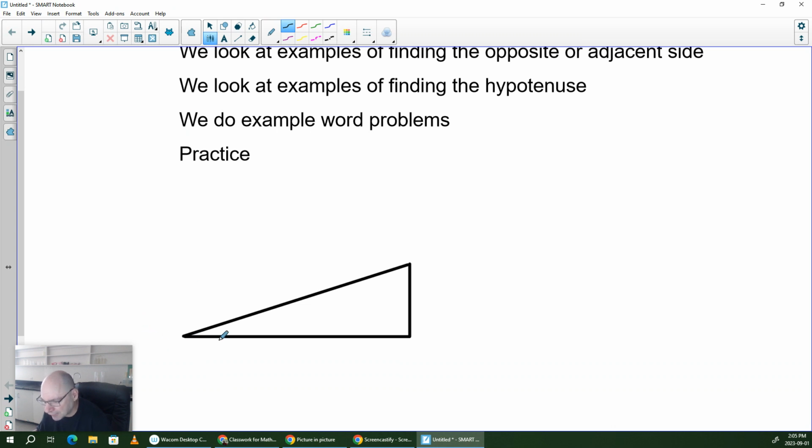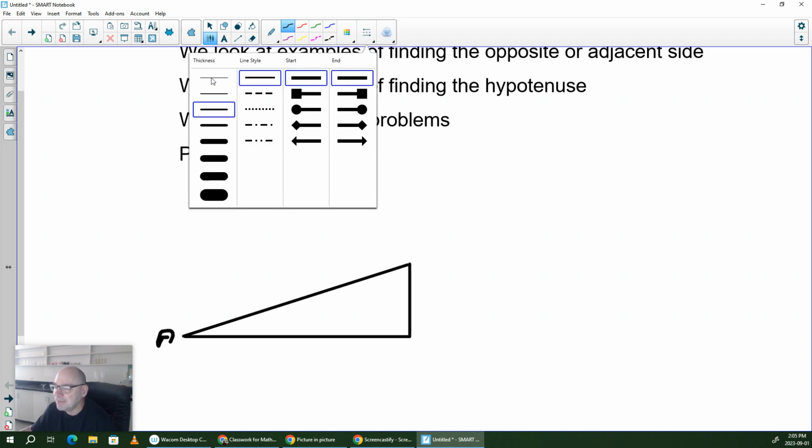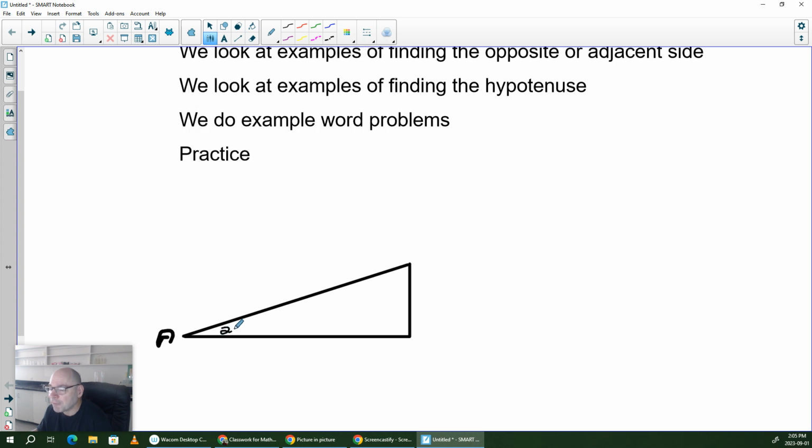So let's say that angle A is 24 degrees. And we know that this hypotenuse is measured at 307 millimeters. And we want to find x. Find x to the nearest millimeter.